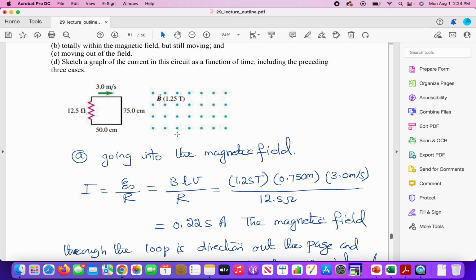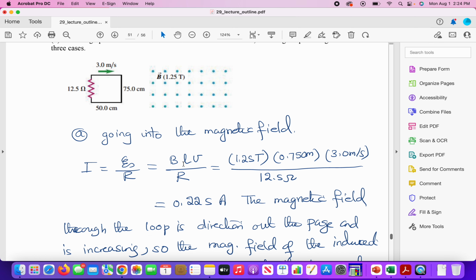Now we have that coil going into the magnetic field. This is about the motional EMF, so I is going to be EMF divided by R, which is BLv divided by R, where L is the length of the conductor here, 0.75, and then we will find the value for the current.